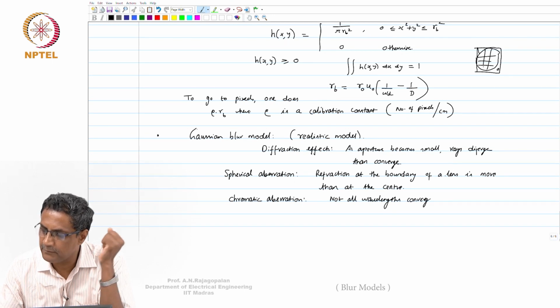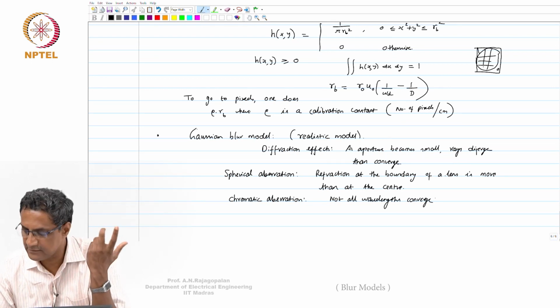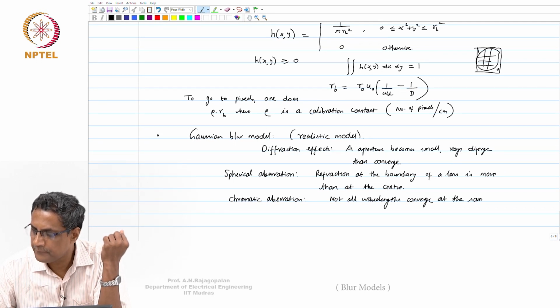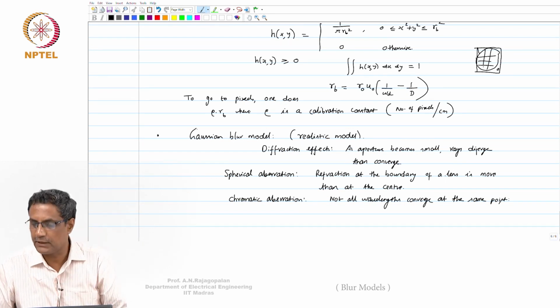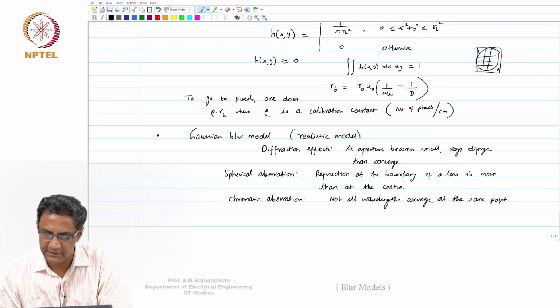You may not be able to visualize it directly, but not all wavelengths converge exactly at the same point. We are assuming that all of them will converge to exactly a point, so there could be some spreading around that is going on, and there are also other effects. So the main effects are these.